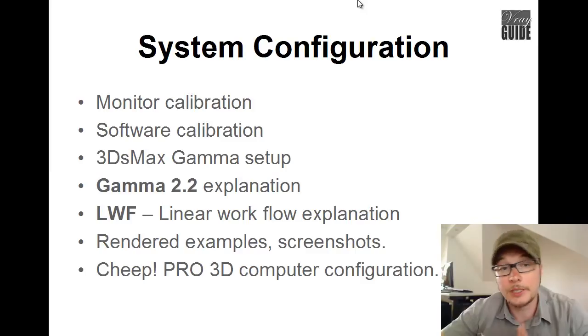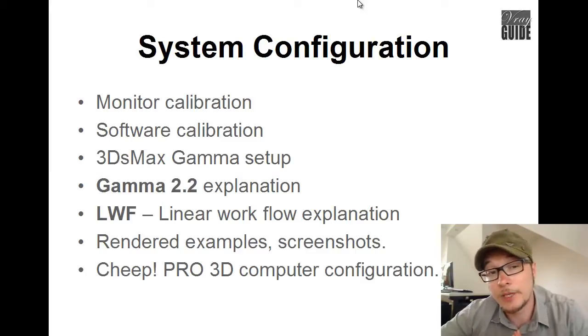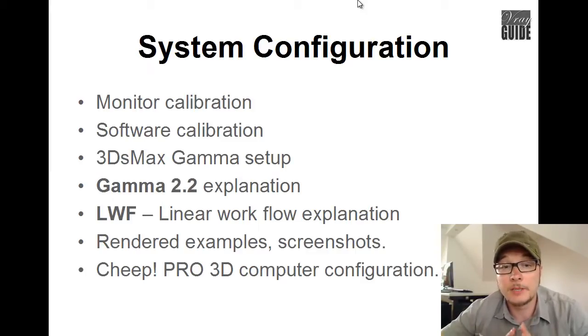The next chapter is talking about system configuration. I'll be giving tips and explanation about monitor calibration, software calibration for 3D Max such as Gamma setup. What's Gamma 2.2 and how it works, how it basically should work with your 3D Max and Vray, and how you can set it up.